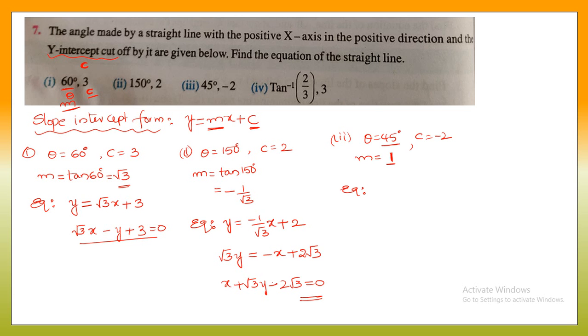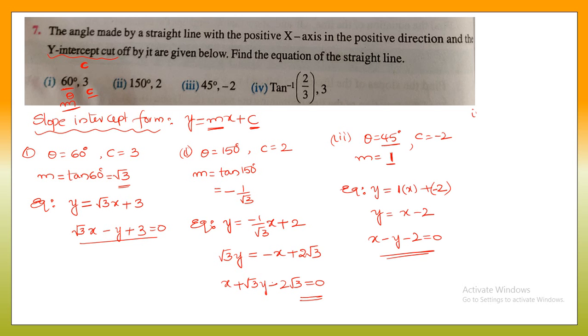So equation of the line is given by y is equal to m is 1, so 1 into x plus c is minus 2, so plus of minus 2. So this I can write as y is equal to x minus 2. So when I transpose the things, x minus y minus 2 is equal to 0. So this is my line equation.